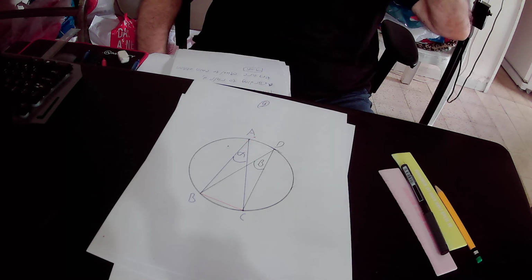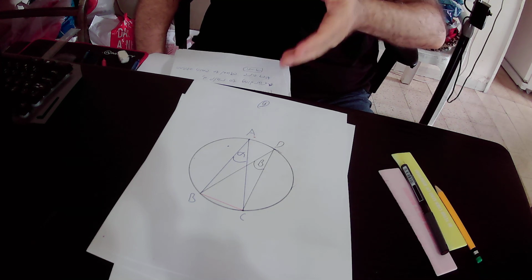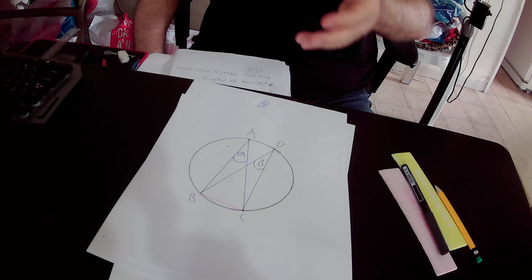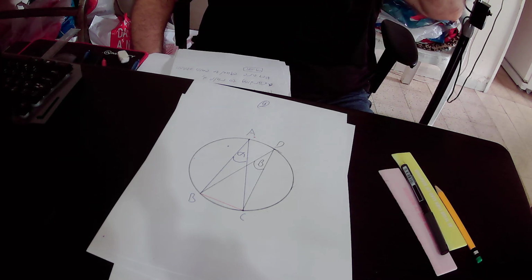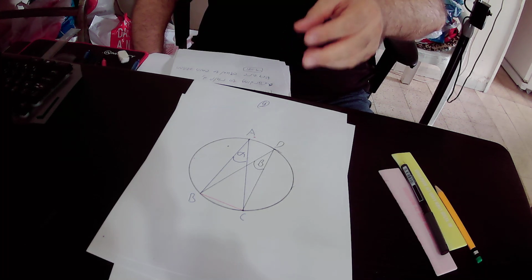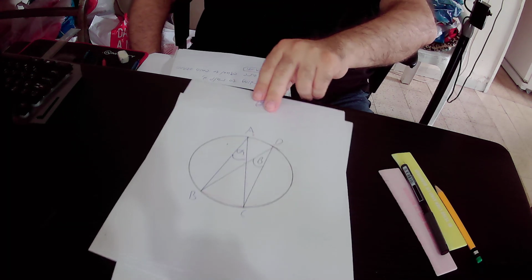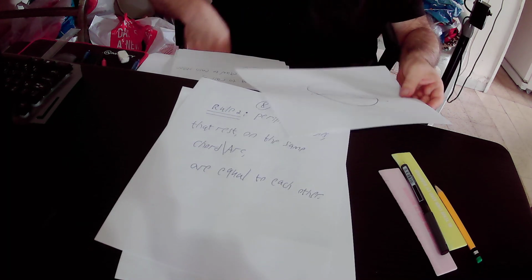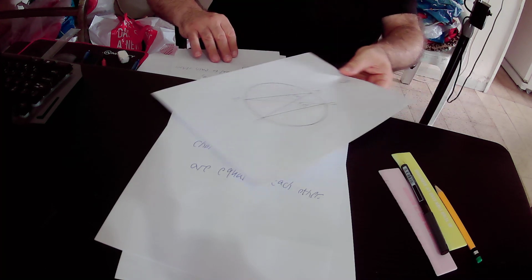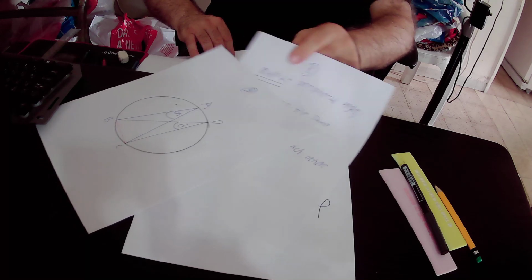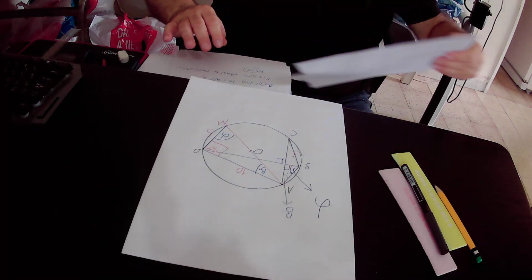Then they are equal to each other. That is to say, according to rule number 2, alpha equals beta because both angles rest on the same chord BC. So we can apply the rule in our circle.